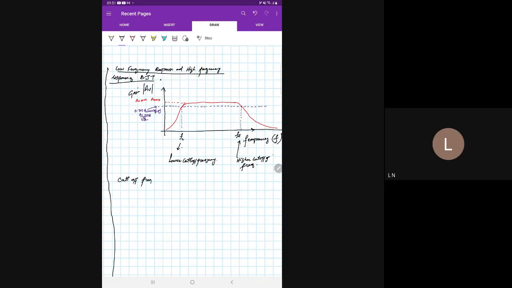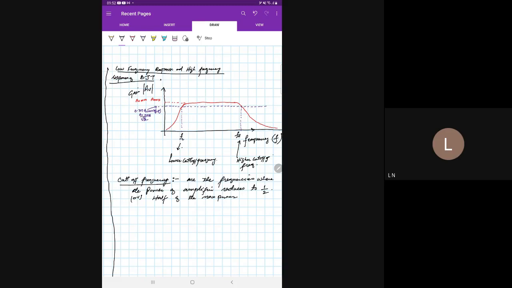What are cutoff frequencies? On the gain versus frequency plot, they are the points or frequencies where the power of the amplifier reduces to 1 by 2, or half, of the maximum power.